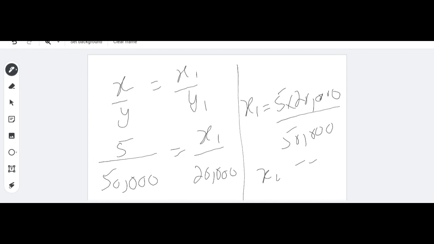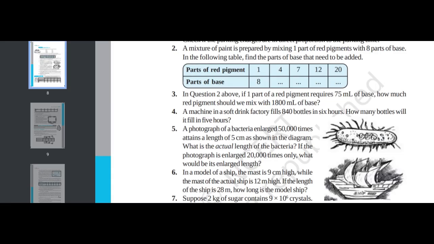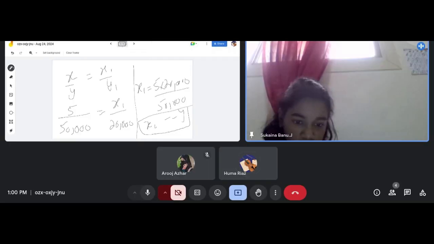Yes, it is 2. Yes, we got the correct answer. Okay? Now, understood? Have you written it down? You have to do this. I wrote it down.